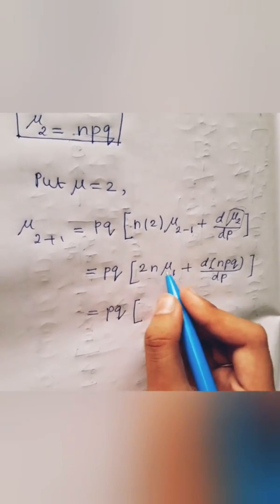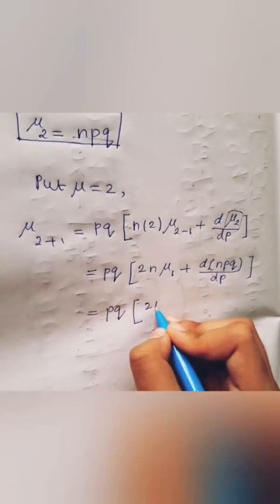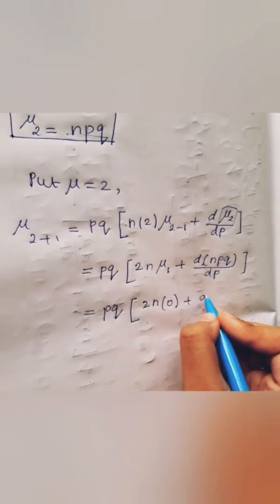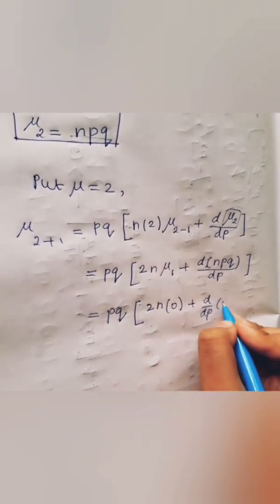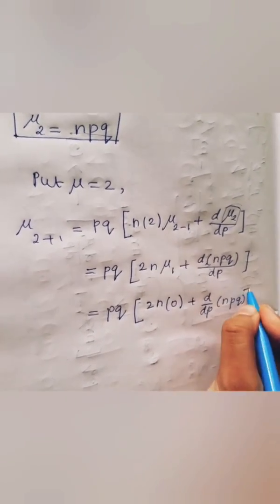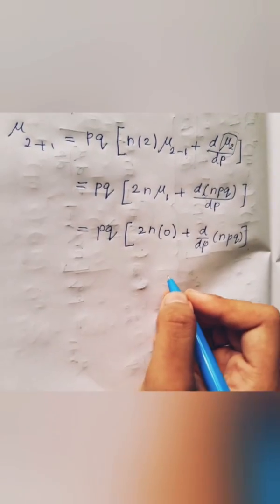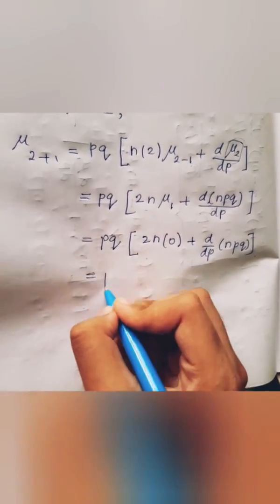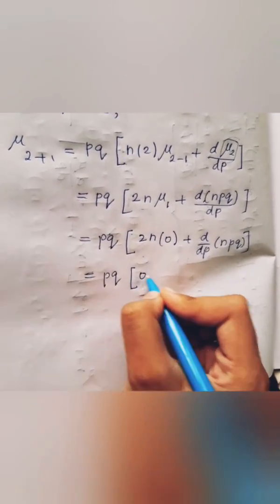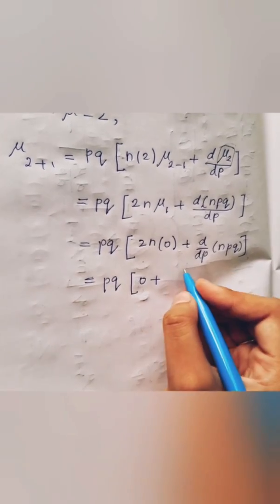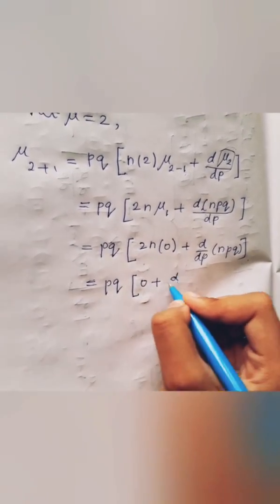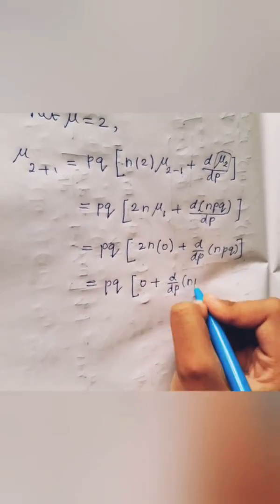Then it becomes pq into 2n mu 1, which means 0, plus d by dp into npq. Now if we multiply with 0, it becomes 0, so 0 plus d by dp into npq.